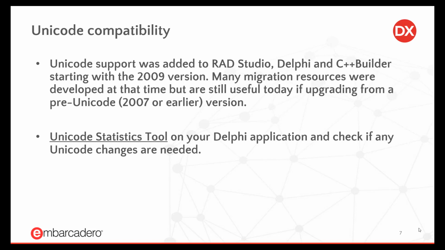Now, I'm not going to go into too much detail about exactly what the changes are. I'll show you a lot of content and documents where you can find much more detailed information. But basically, what happened in 2009: prior to 2009, strings, chars and PChars were stored in data structures where each character was represented by 1 byte.